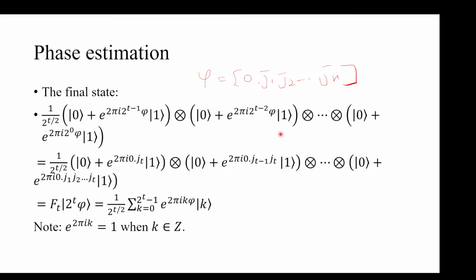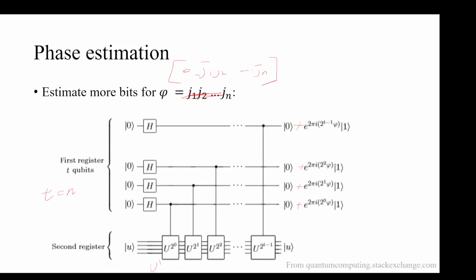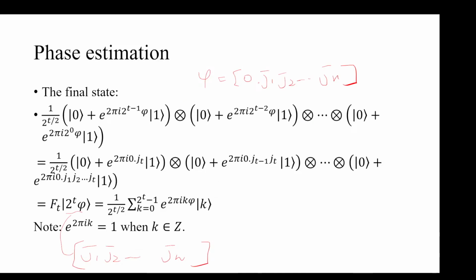As we said, this is the same as the Fourier transform of something, and that something is j1 to jn in binary, and that's just 2 to the n times j times U of phi.